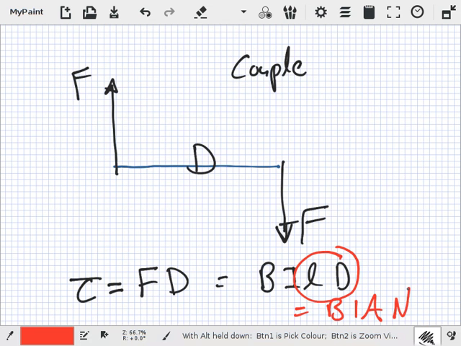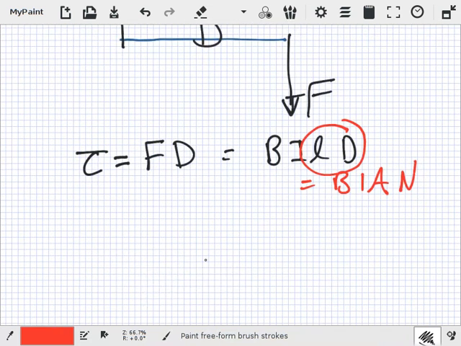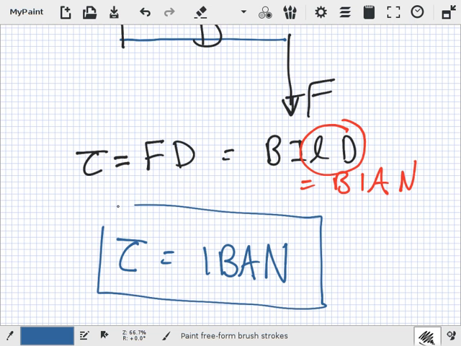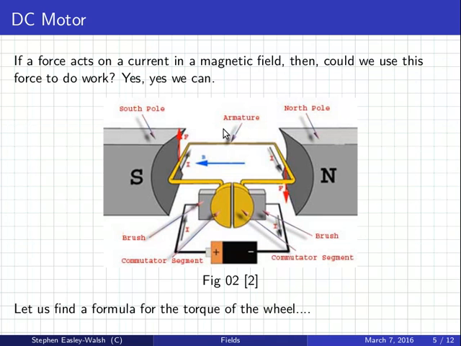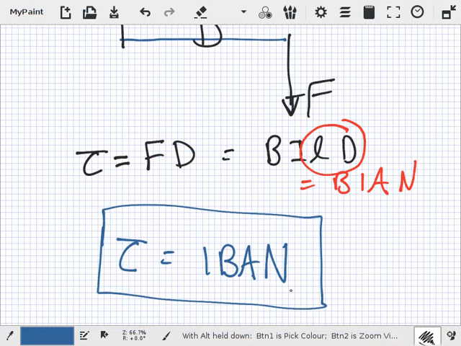This is how you'll remember. So the turning force, the torque, is equal to I-B-A-N. Just like the bank. So if you want the turning force here, the torque, it's I-B-A-N.